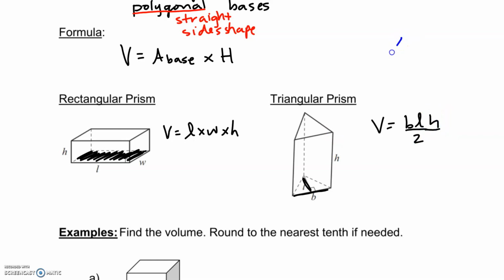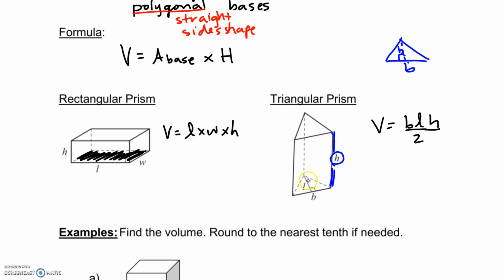Now, for a two-dimensional triangle, we use the letter B for the base, but we don't use that letter L. So I want to talk about why we don't use H, which is what we normally use to get the height of a triangle. The reason that we don't use H for the height of the triangle is because we have H for the height of the shape.